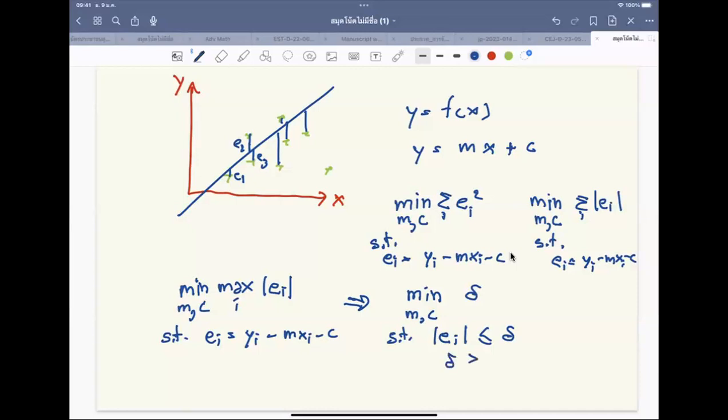But we can write delta again. Delta must be positive. And of course, EI is YI minus the predicted value. This is our new representation.